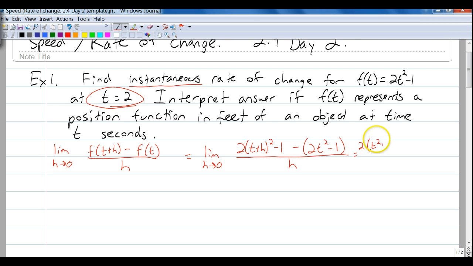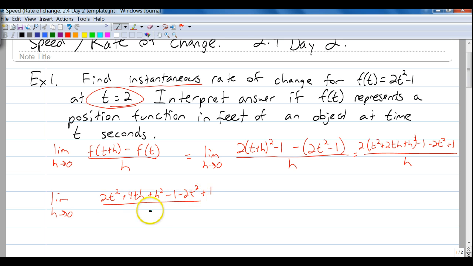So I get 2 times (t squared plus 2th plus h squared) minus 1 minus 2t squared plus 1, all over h. The limit as h approaches 0 of 2t squared plus 4th plus 2h squared minus 1 minus 2t squared plus 1, all over h.